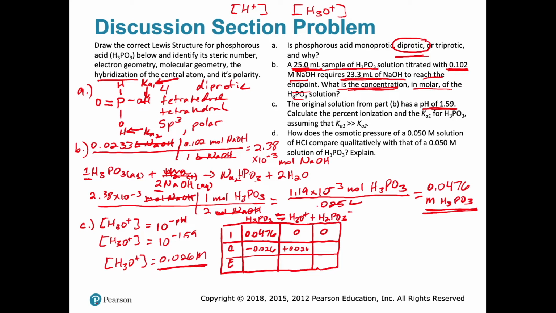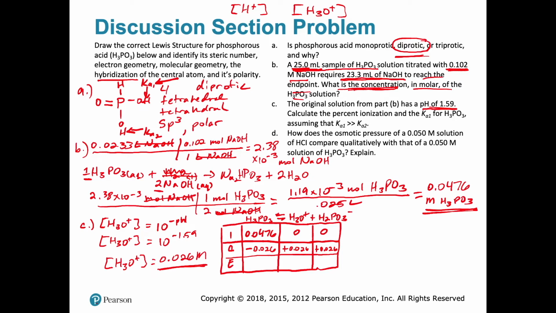And for every one mole of hydronium ion, there's the same number of moles of what? The conjugate base. So that's also going to be a plus 0.026 over there. Good stuff.